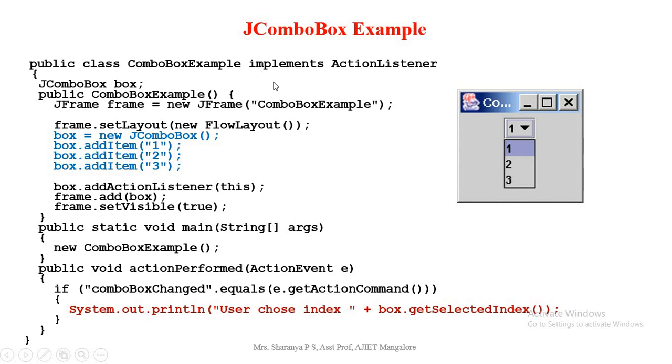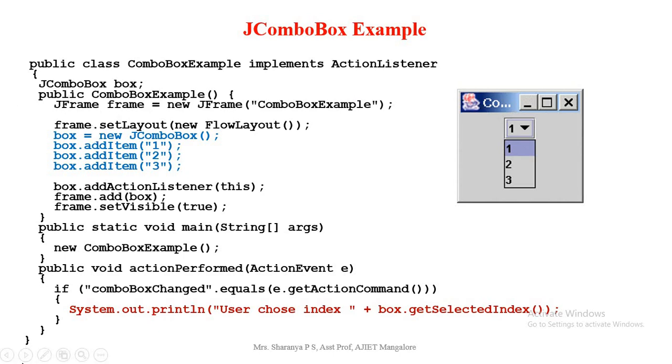We have created one object as box, and the constructor ComboBoxExample, and inside that we have created the frame with the name ComboBoxExample. This is supposed to be displayed, but its size is mentioned very small, that's why it is not seen clearly.